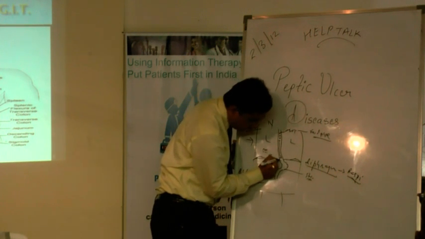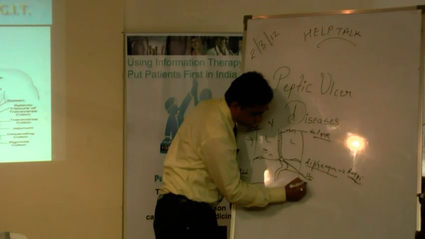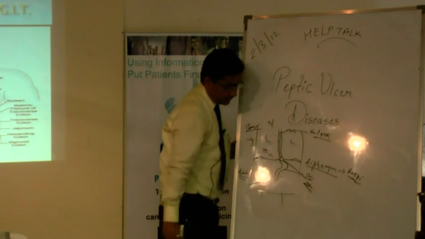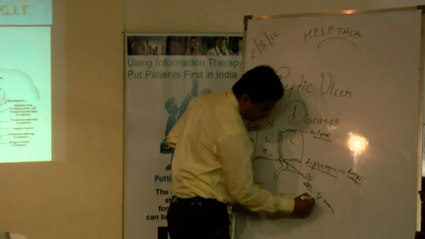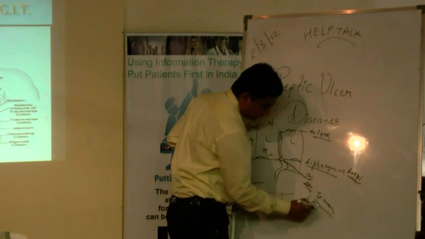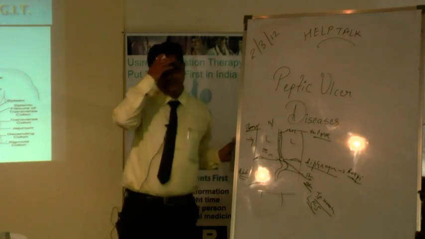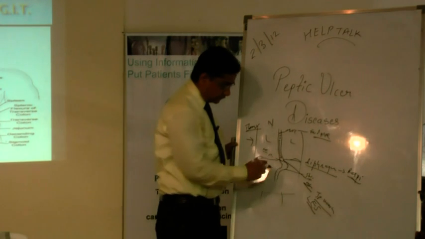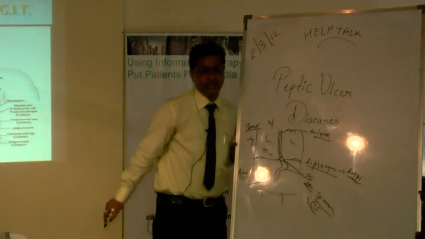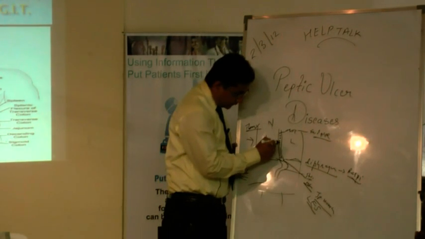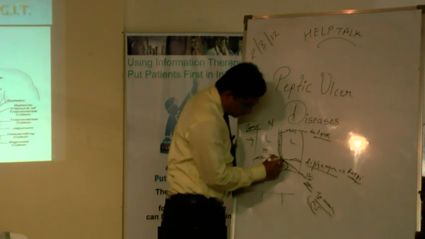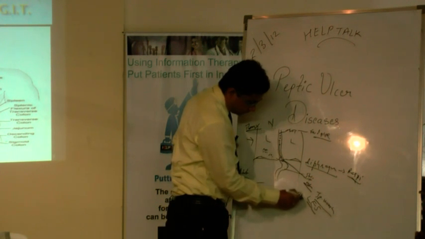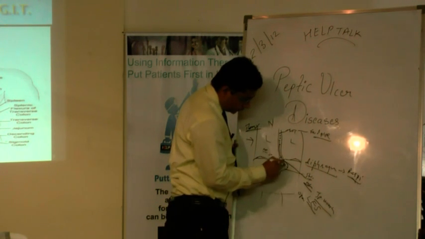At that junction, there is one wall, or rather specialized muscles called the LES, or lower esophageal sphincter. What is the function of this lower esophageal sphincter? It acts as a gatekeeper. When the food particles come over here, this sphincter gets opened, allowing the food particles to go into the stomach.